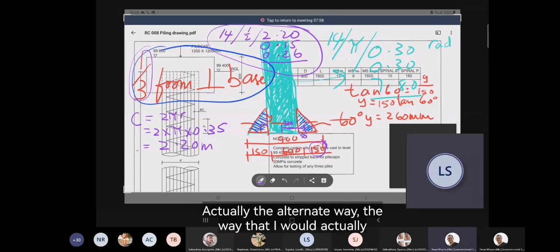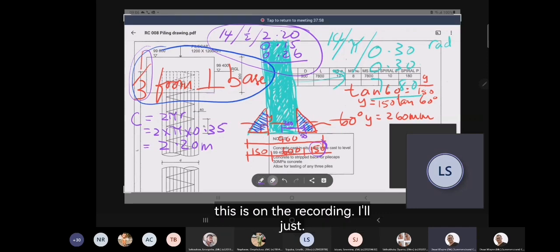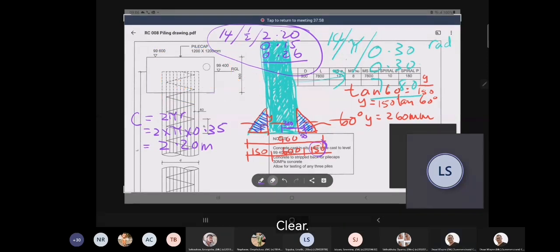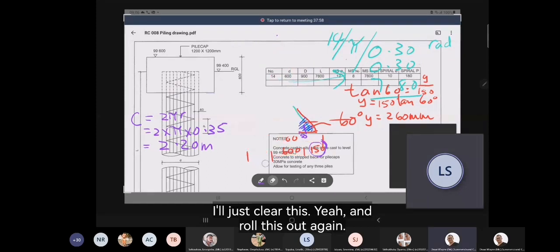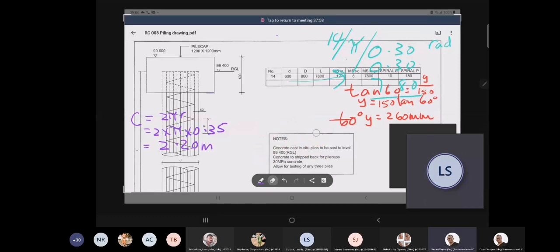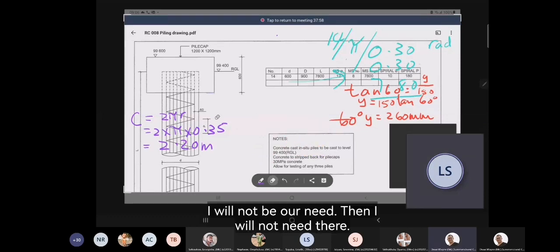I'll show you the alternate way, the way that I would actually prefer. If we go in and have a look at this, remember this is on the recording, I'll just clear this here and draw this out again.